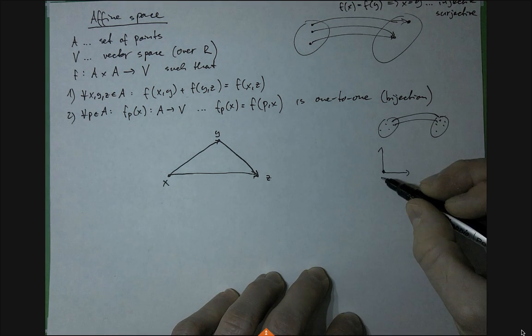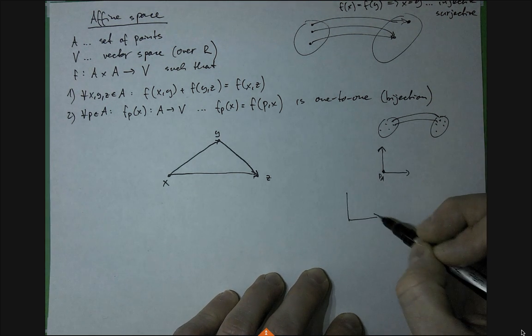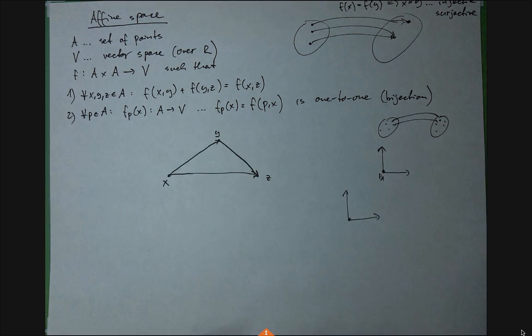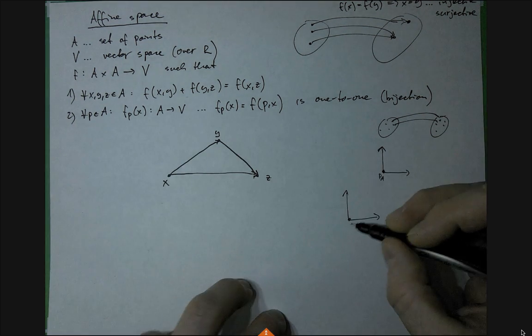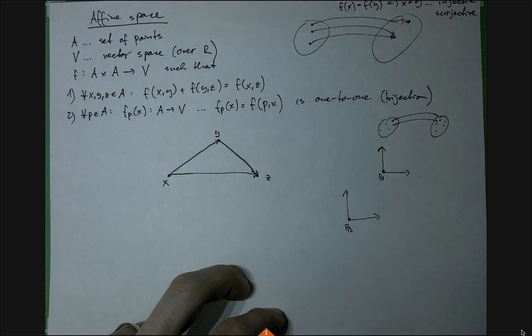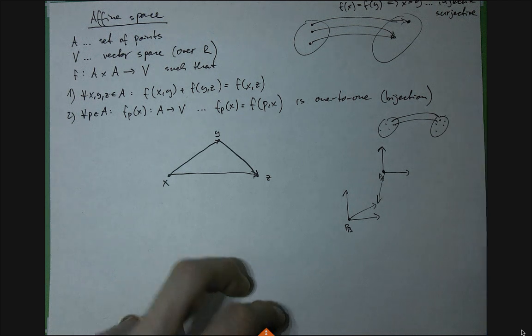I can say that this point, P, A, or whatever, is the origin of my vector space. I can put it here. I can put it anywhere. And this basically says that any choice of this origin is equally good. Because I can basically measure vectors from any point.